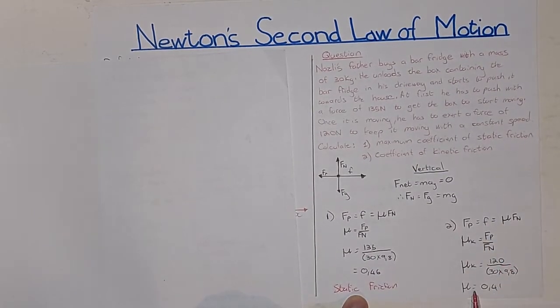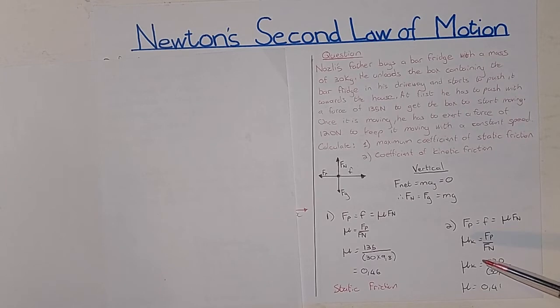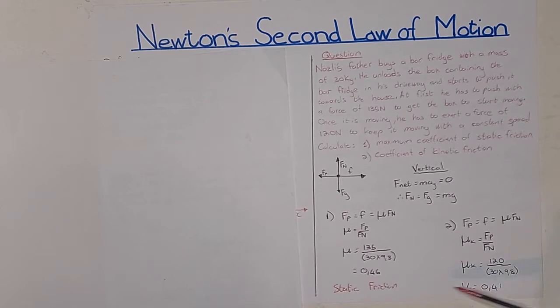Then you can see my value is 0.41 for my kinetic friction. But notice my kinetic friction is lower than my static friction, because generally, like I've said, it is difficult to start to push something. Once it is in motion, then my kinetic friction is now in use, and it is a lot less compared to my static friction.